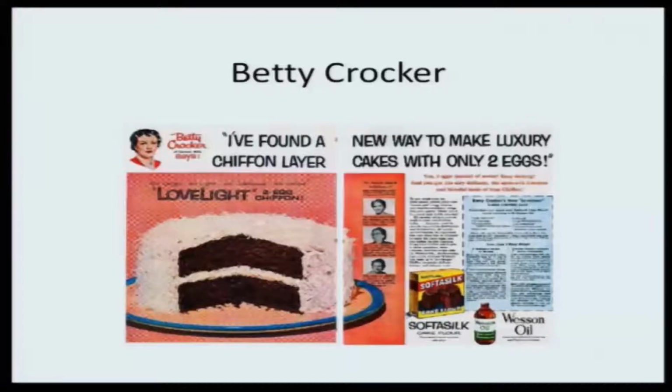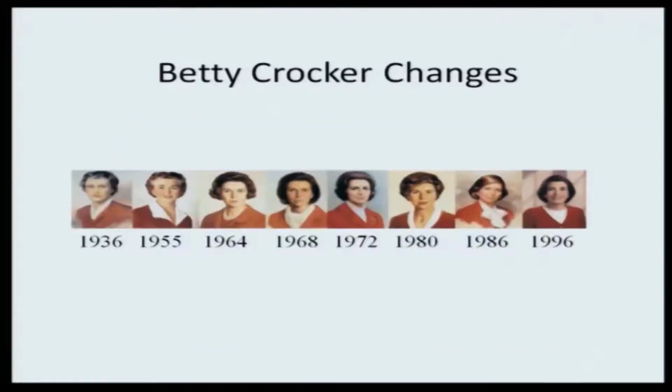This is the example of Betty Crocker. Over the years, Betty Crocker changed their brand ambassador. Look at this change. Right from 1936 to 1996, you see a series of models used for endorsing the product.